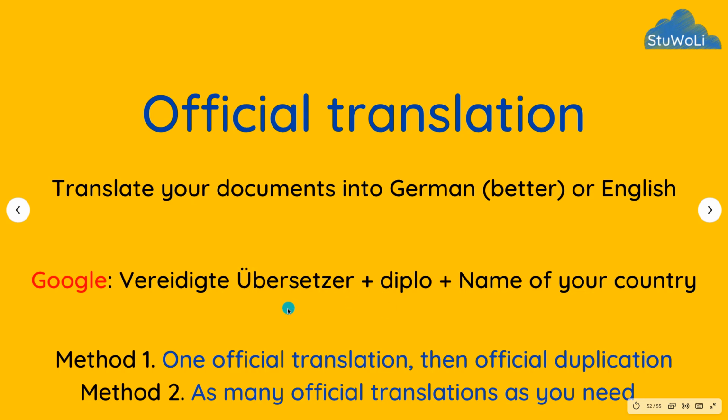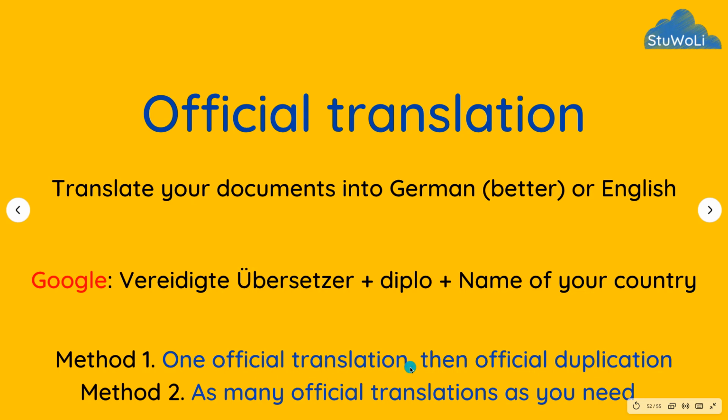Now, one possibility is that you do one official translation only of each of those official documents that we talked about, one official translation, and then go for official duplication of that one translation that you got. This is usually the case when the official translation is very expensive.